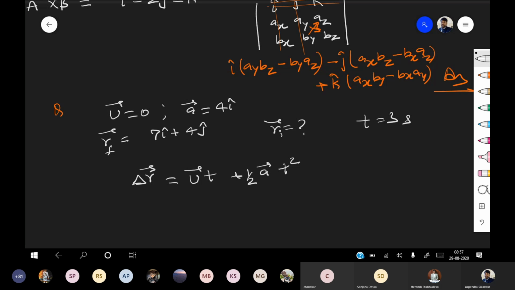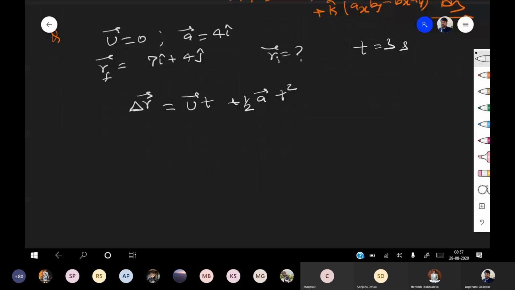Okay. So how much will be delta r? Delta r is equal to u is 0 into 3 plus half a is 4i cap into t square, 3 square.